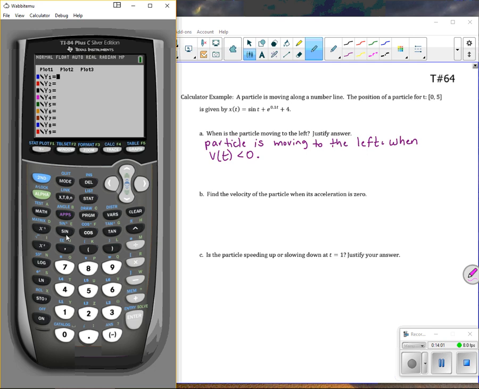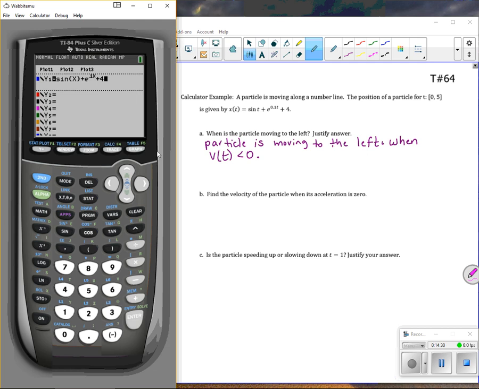So let's remember those steps. If you put in sine of x plus e to the, be careful, 0.1x. Oh, I typed in the wrong thing. 0.1, there it is, x plus 4.